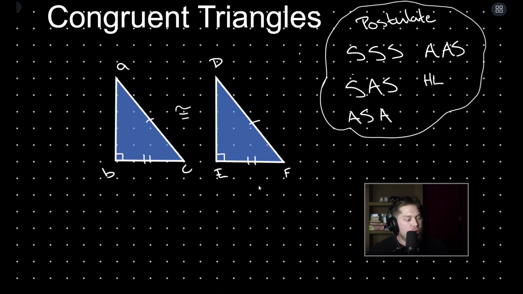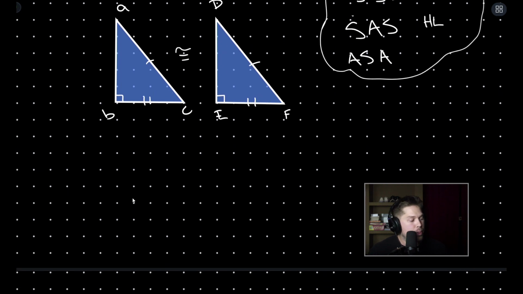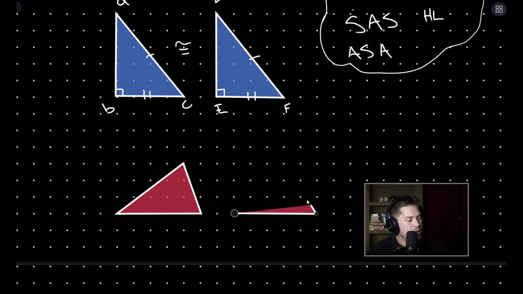Now, which relationships should we also be on the lookout for, because they don't imply congruency? Let me draw another pair of triangles. Here, let's say we have triangle 1 and triangle 2.